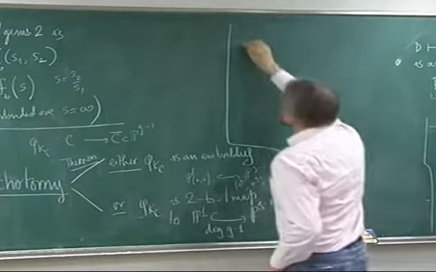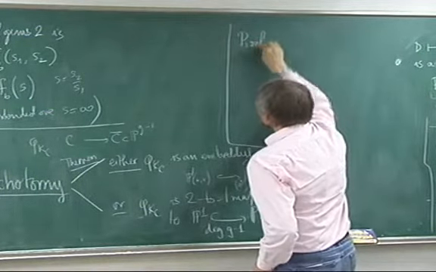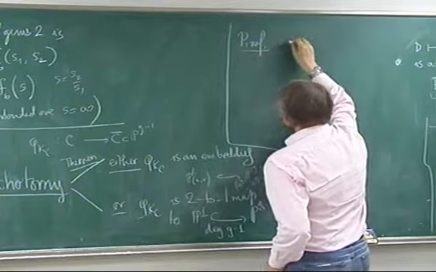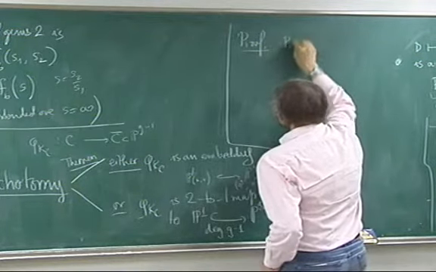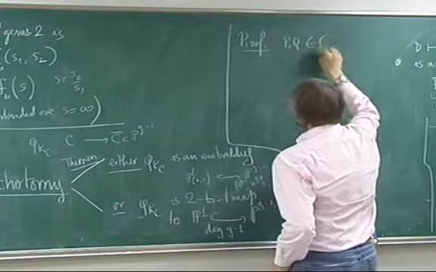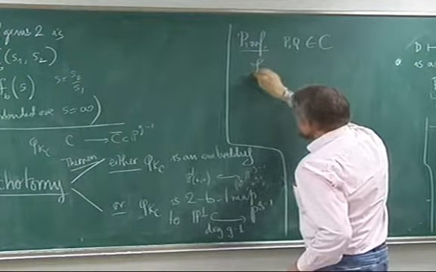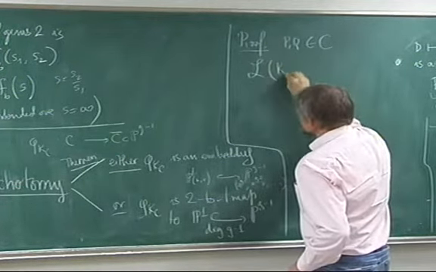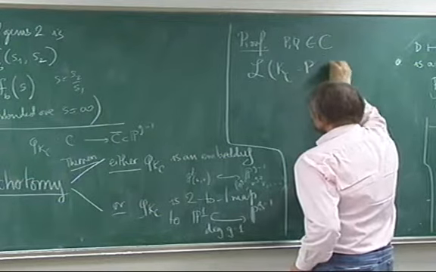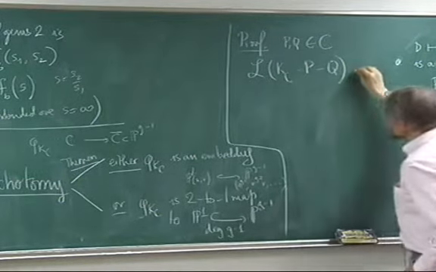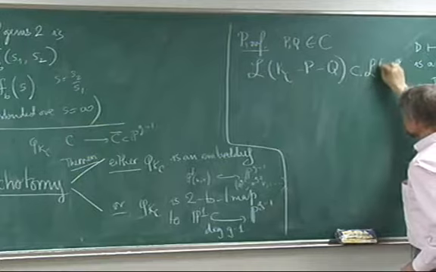So the proof is again, so given P, Q in C, let's ask Riemann-Roch about L of K_C minus P minus Q. This is in L of K_C.